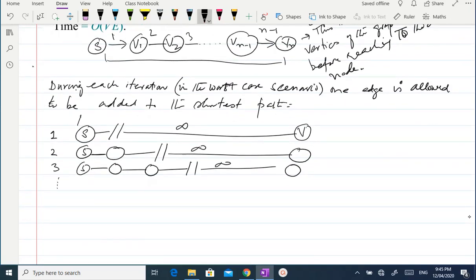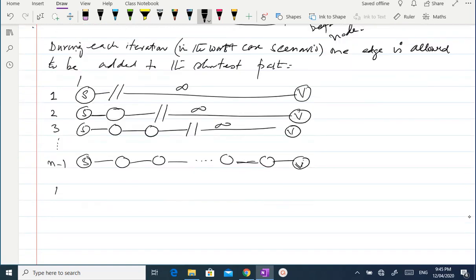So you can see that after n minus 1 iterations, we will be absolutely sure that if there is a path between S and V, we have found it by adding n minus 1 edges in the worst case scenario, and all these edges are relaxed after adding, right?